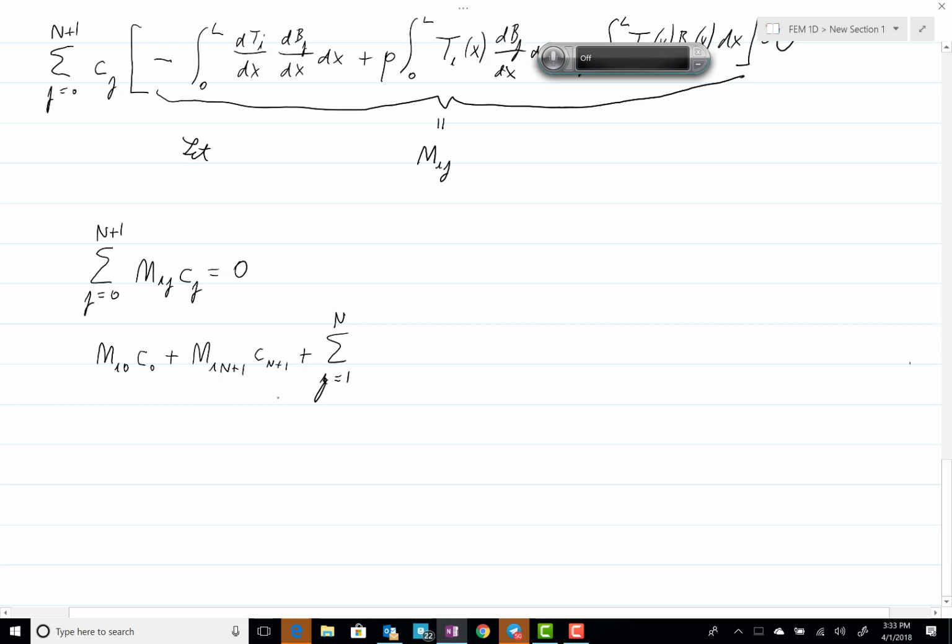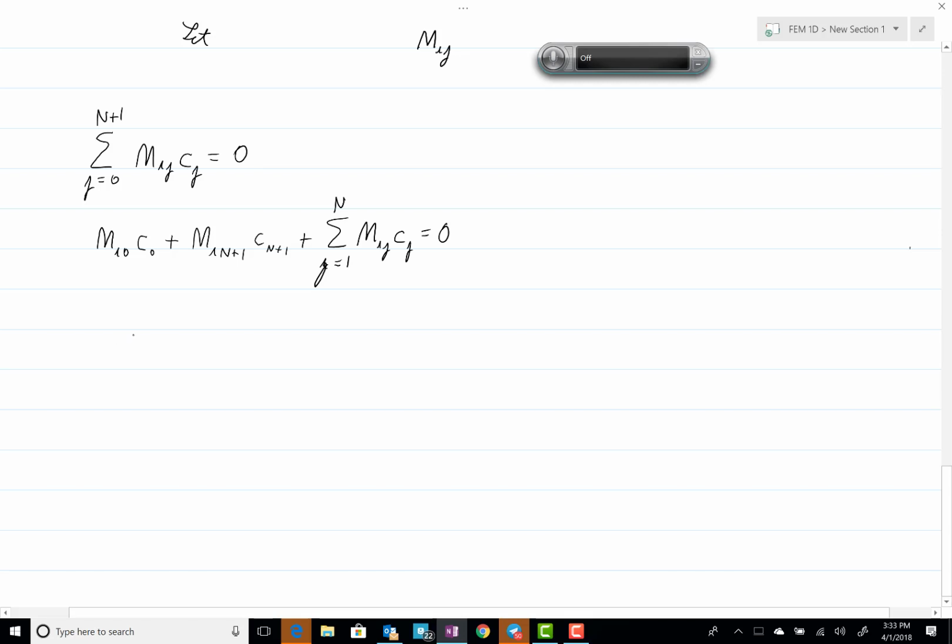Therefore the sum j equals 1 to n of Mij Cj is equal to minus Mi0 times C0, which we've already said is A, minus Mi,n plus 1 times B.